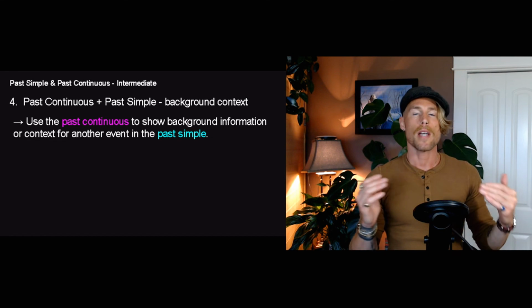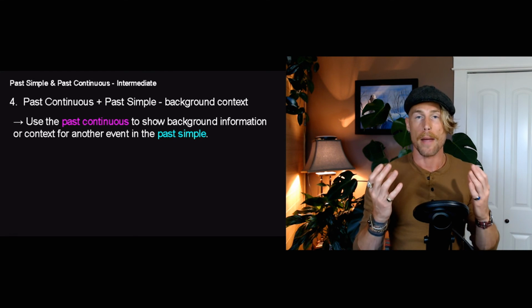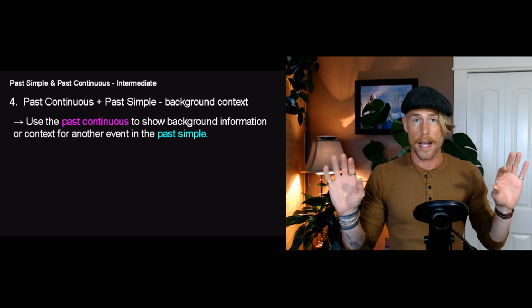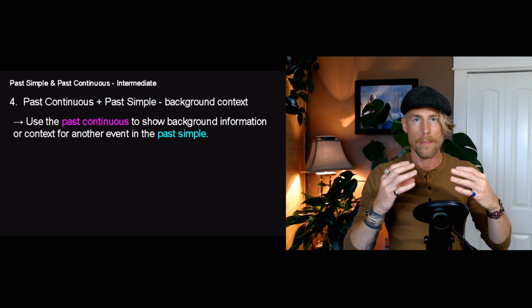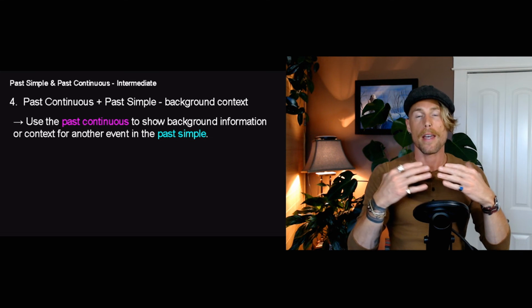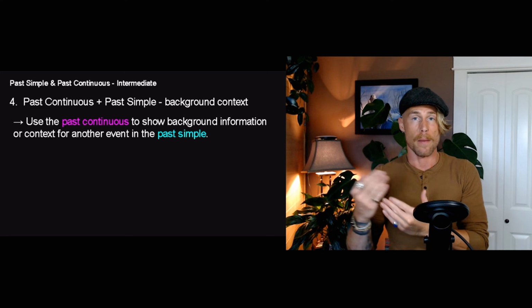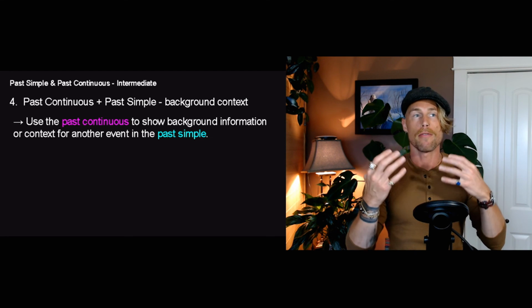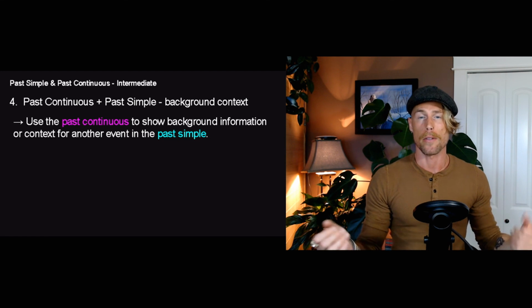Well, sometimes two events happen around the same time and they are not connected, but there is a coincidence and they happen together. And maybe you want to say that you were doing something when something else happened, to give more information to the person you are talking to.